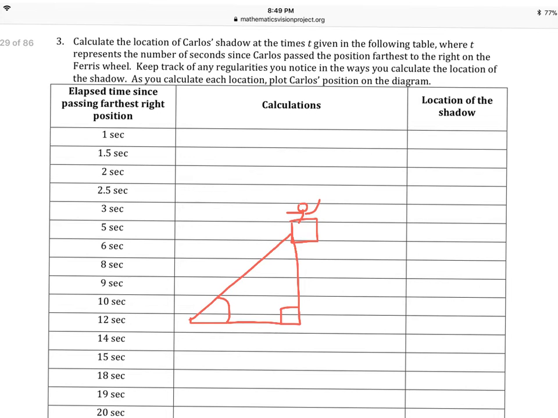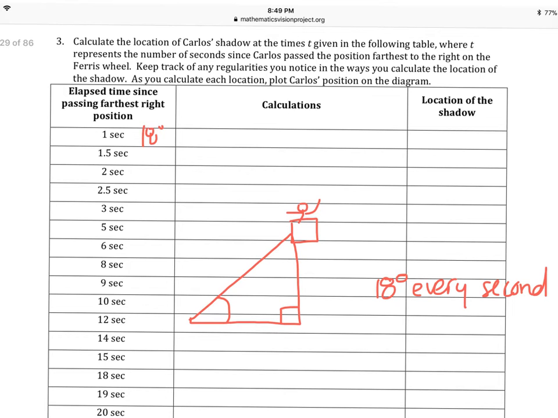Okay, so remember we said in the last lesson that he moves 18 degrees every second, right? So after 1 second, how many degrees has he moved? 18 degrees.